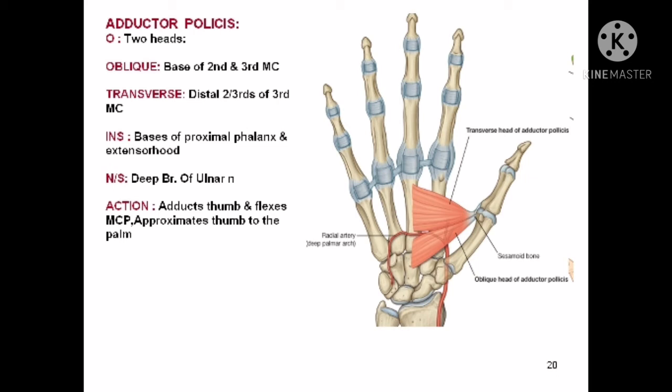It receives its nerve supply from the deep branch of the ulnar nerve. It is the only muscle of the thenar muscles which is supplied by the branch of the ulnar nerve. Its action: it adducts the thumb, flexes the metacarpophalangeal joint, and approximates the thumb to the palm.